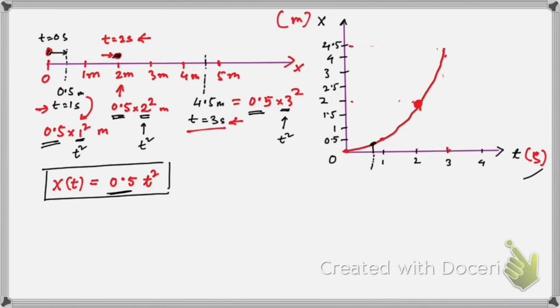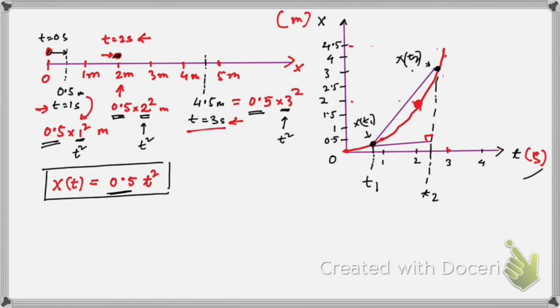Suppose at an instant t1, and at another instant t2, the positions are, suppose, x of t1 and x of t2. Let me draw a chord joining these.